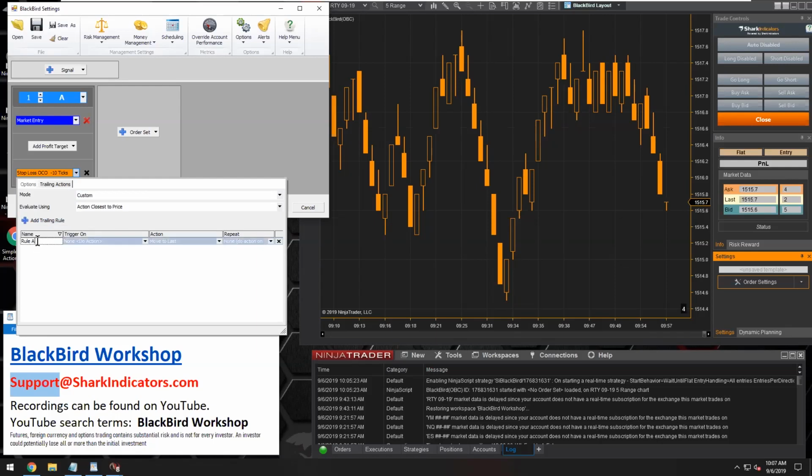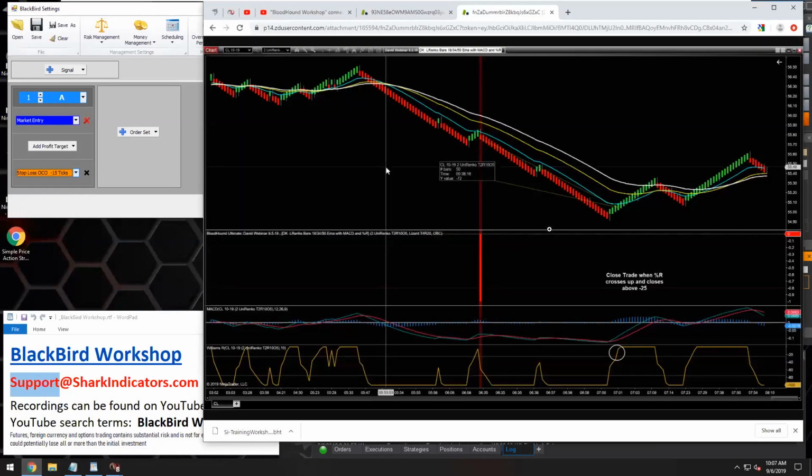So, let's see, we're going to exit at... this question is actually a continuation from yesterday's Bloodhound workshop. There was some missing information on the screenshot. So exiting at the -25, as I mentioned, was for a short trade.